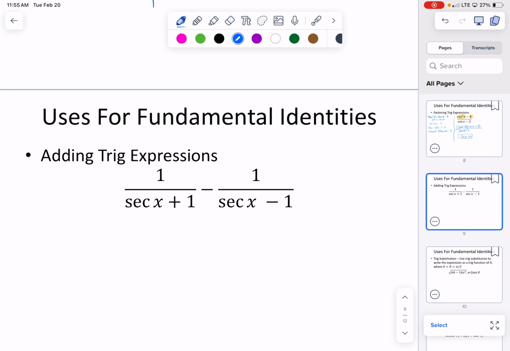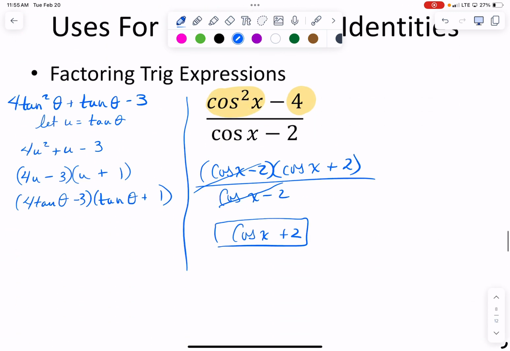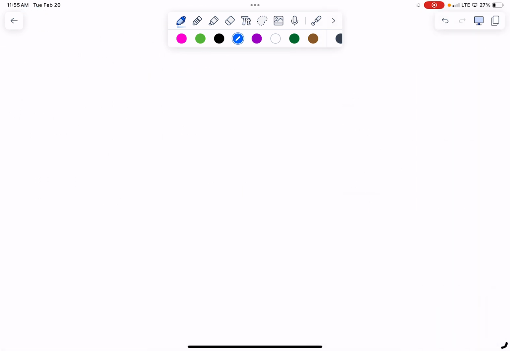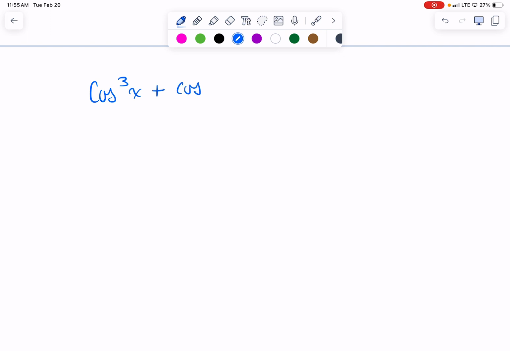I'll add that in. Okay, so we've got, simplify the expression, so we've got cosine cubed x plus cosine x sine squared x. So how could I simplify this?